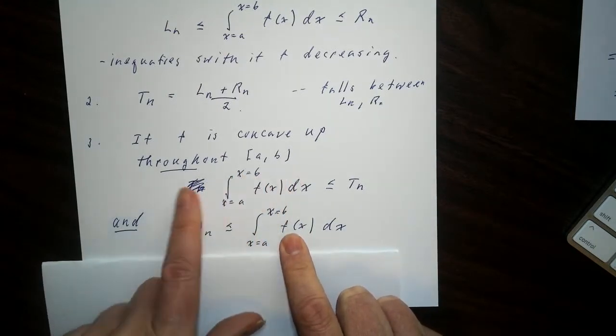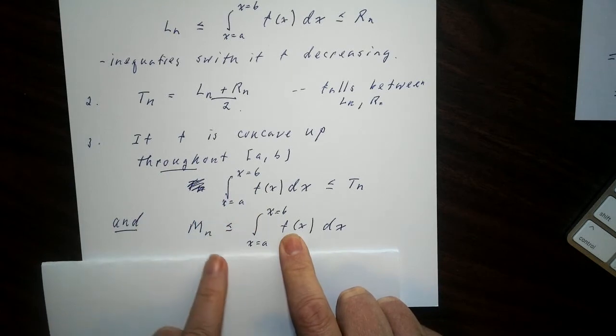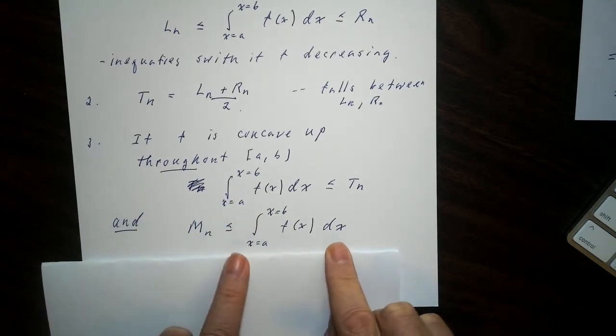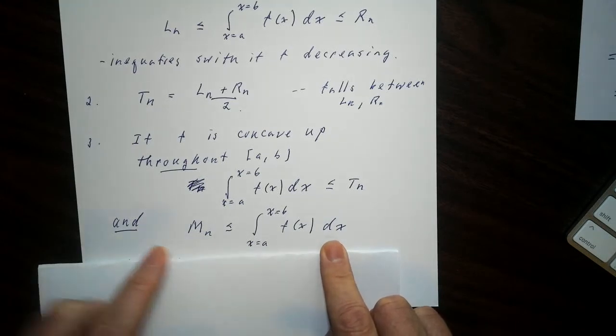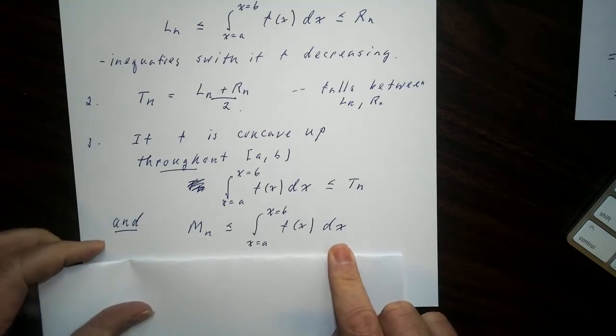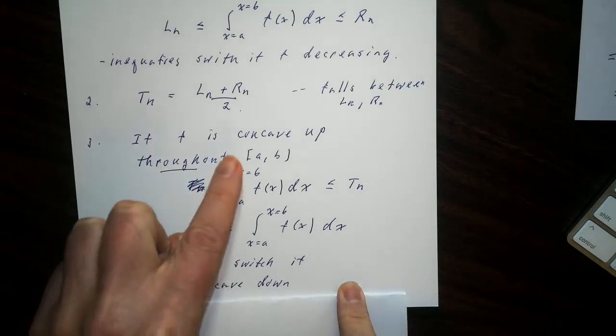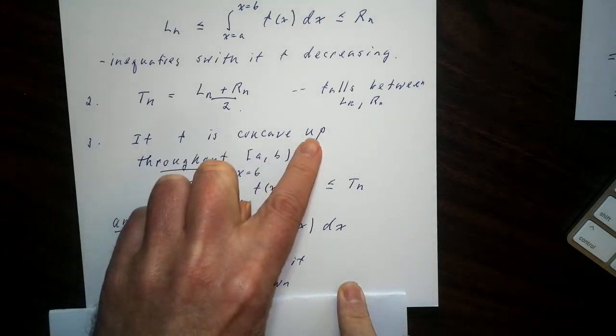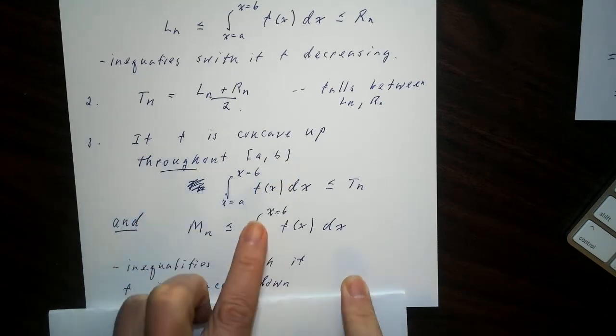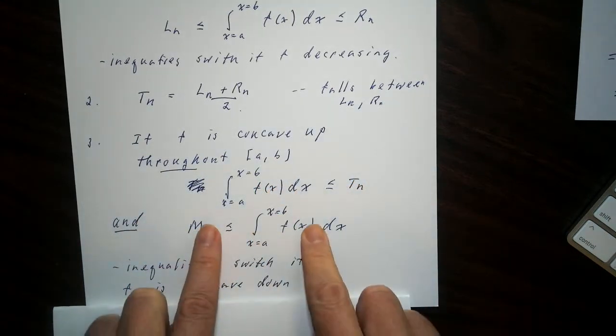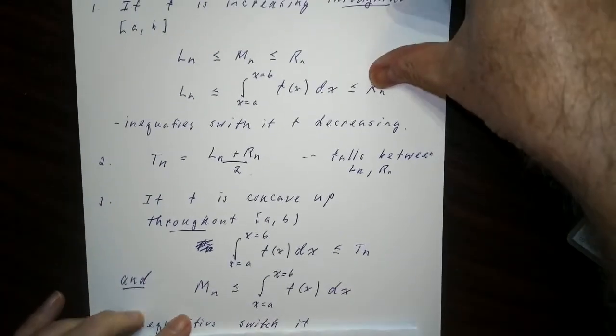If the function is concave up on the entire interval, the midpoint estimate M sub n is less than or equal to the integral from x equals a to x equals b of f of x. And that is not obvious from the picture, but it is in fact true. And if the function is concave down on the entire interval from a to b, these inequalities switch directions.